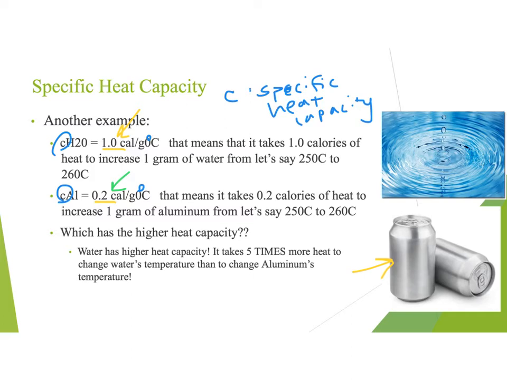All right, so it takes 5 times more heat to change water's temperature than to change aluminum's temperature. And so we can see already that there is a difference between all kinds of different types of matter, right? Between the elements and compounds that make up the things of this world.